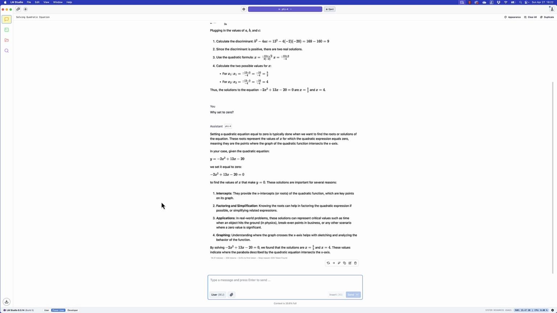One thing you'll notice too is that it will give you different answers. It will give you different thoughts. Why is it doing this? This is an LLM. LLMs are predicting every single word.